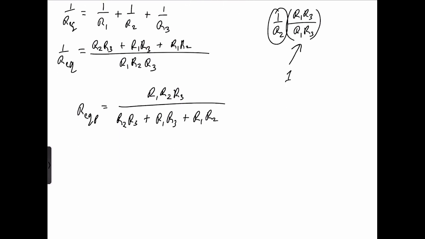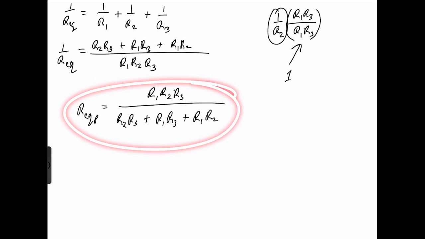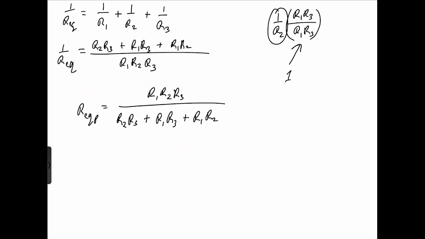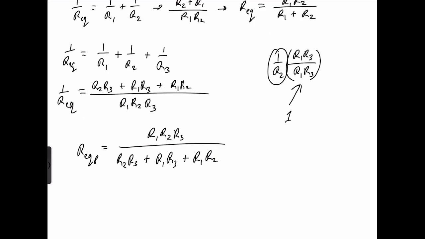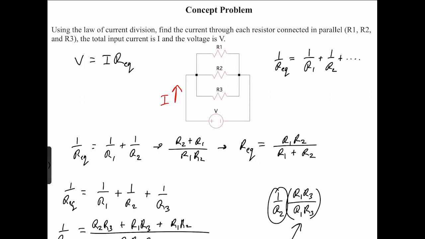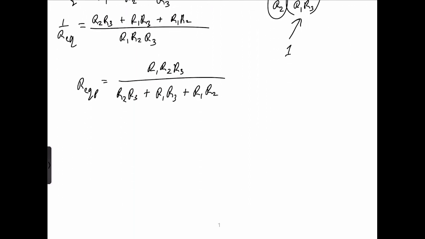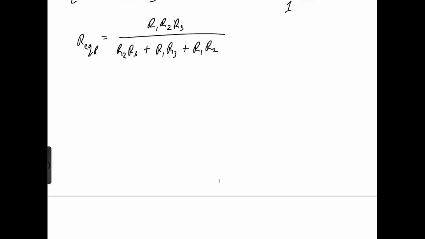I like to write my equation like that to be easier on my eyes, or to enter in my calculator. Thus, we needed the expression for V if we're going to find I. So the expression for V is V equals I times R equivalent.